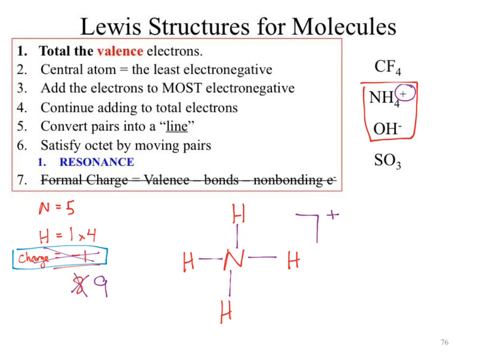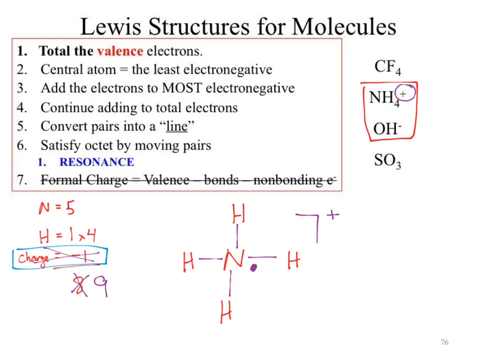I now need to put an extra electron, because it says 9, right? Where do I put that extra electron? A double bond? I can't put it in a double bond because, for a couple reasons, to make a double bond, I need a full line, and a full line is 2 electrons. But let's just say, just for the heck of it, let's drop an extra electron there.